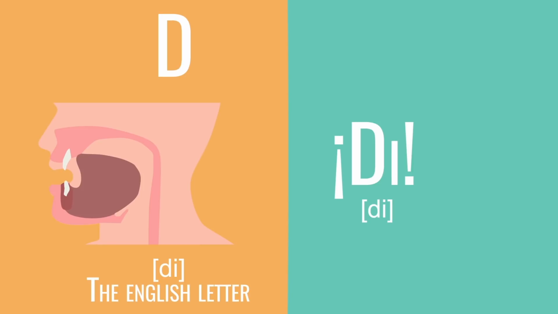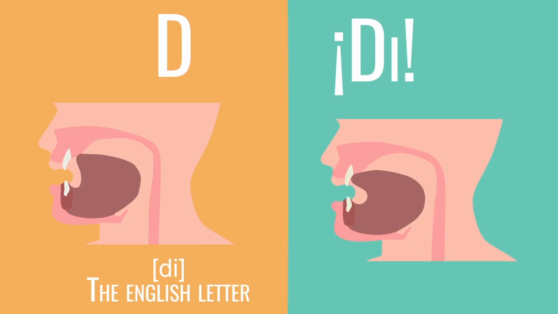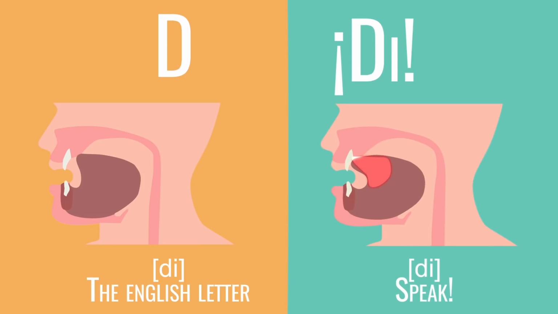But in Spanish, the tip of your tongue flattens out a bit, so that the tip of your tongue actually touches your upper teeth and the blade of your tongue, that part right behind the tip, touches your alveolar ridge. This gives you a less percussive sound. You get D instead of D.